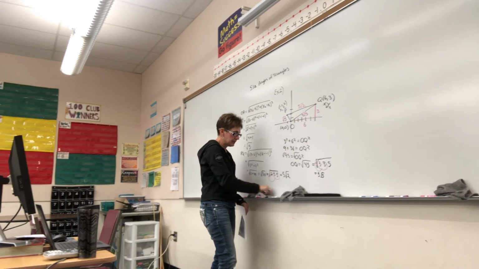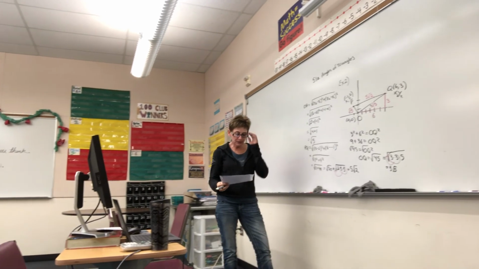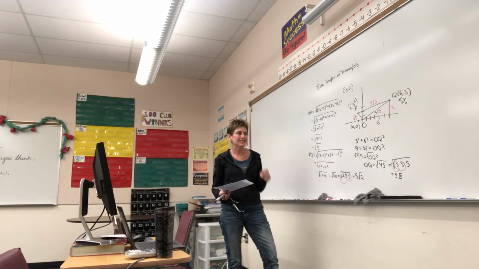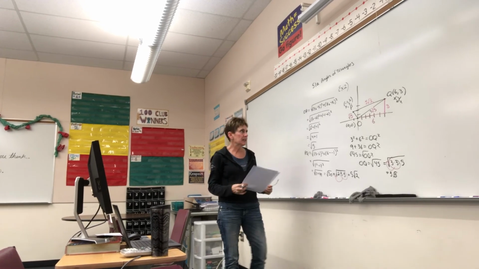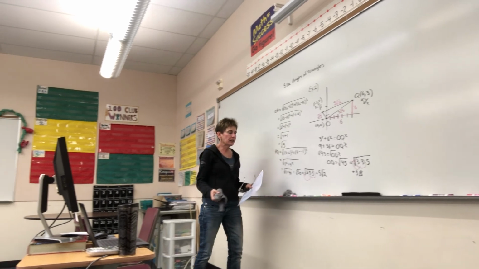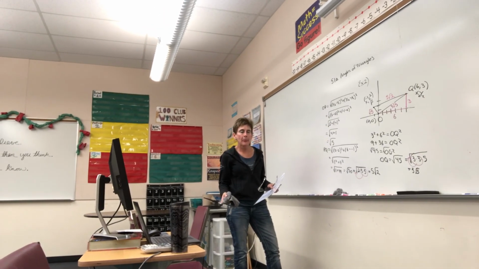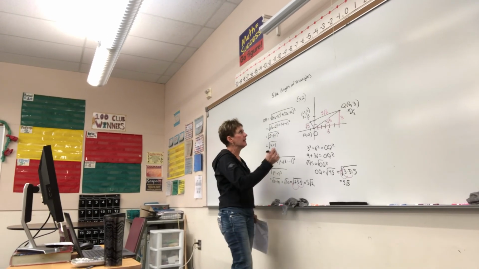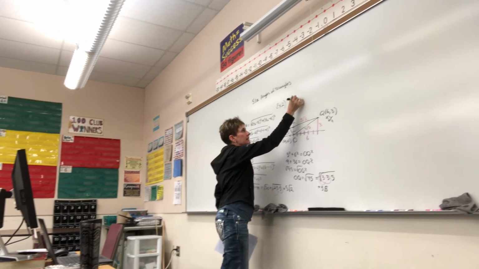All 3 sides are different. So if all 3 sides are different, how would I classify this according to its sides? Would it be scalene, isosceles, or equilateral? It would be scalene. So to classify by its sides, we want to say scalene.